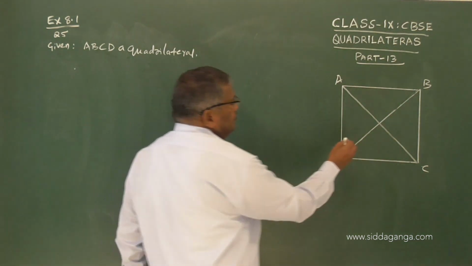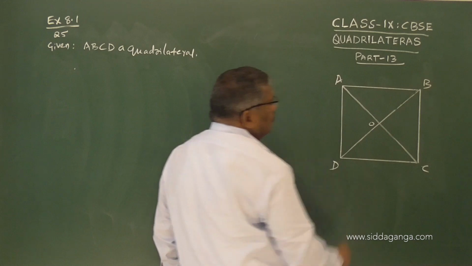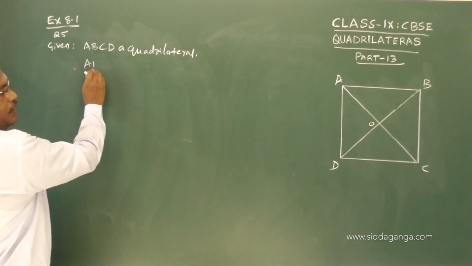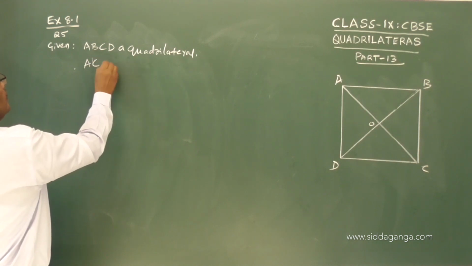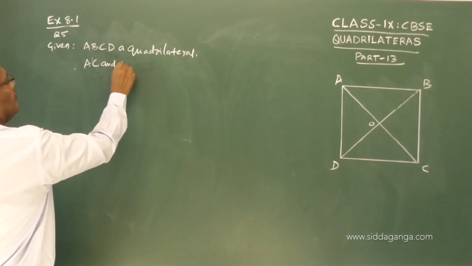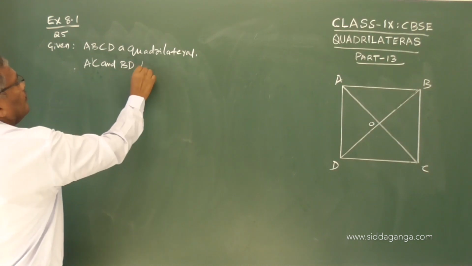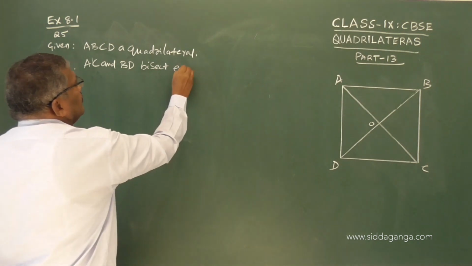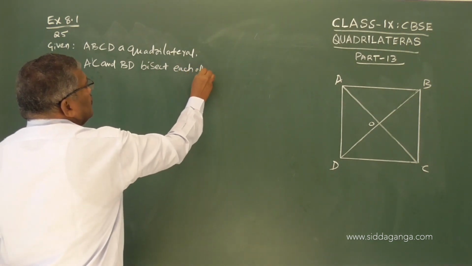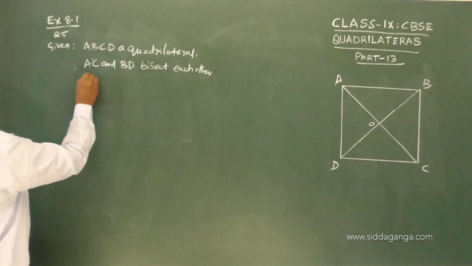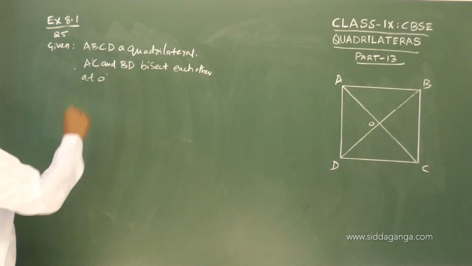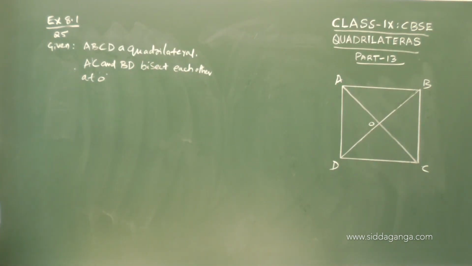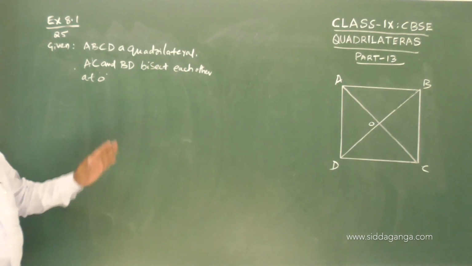This is O. AC and BD bisect each other at O. So, this is given.